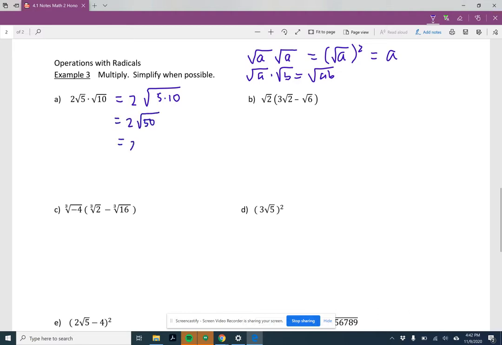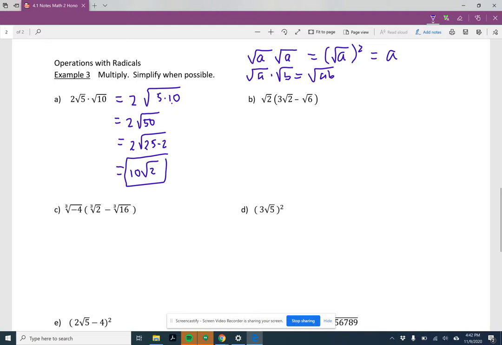Now in that 50, there's a 25. There's a 5 and a 2 in that 10. So we've got 25 times 2. 25 comes out as a 5, multiplies with the 2 that's already out there. 5 times 2 is 10, and we've got 10 times the square root of 2.